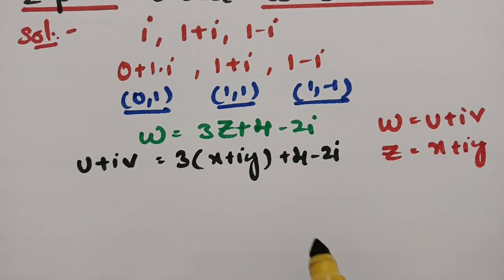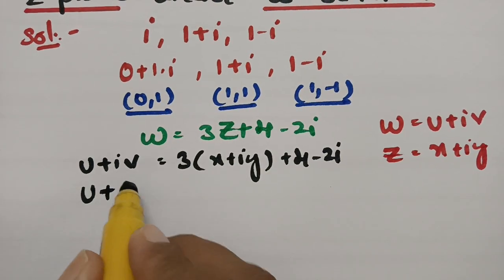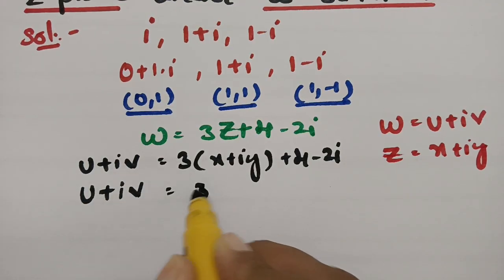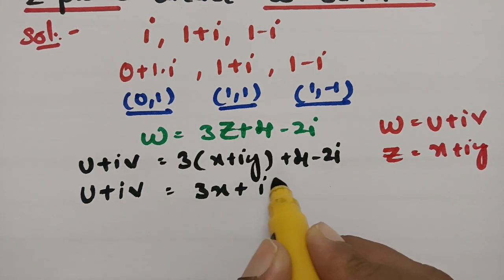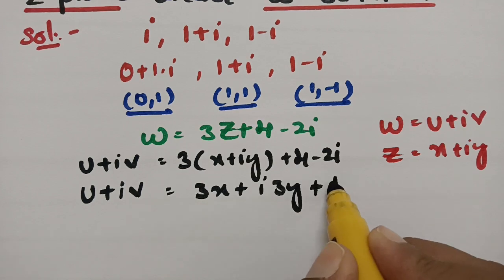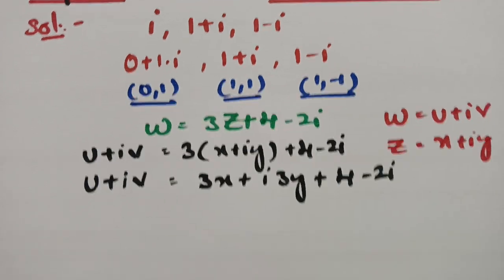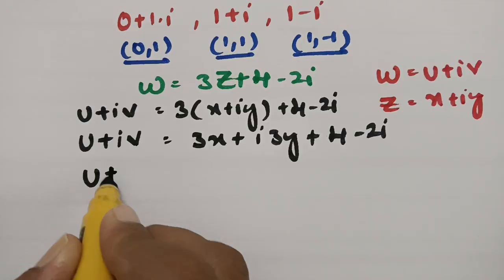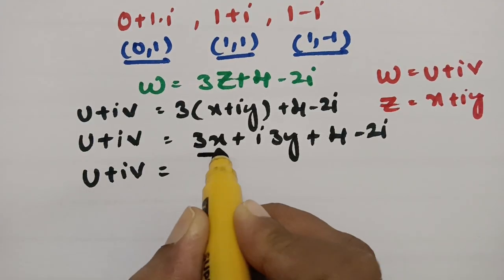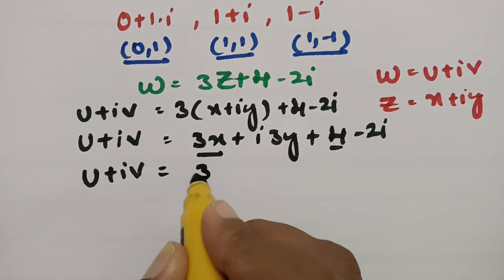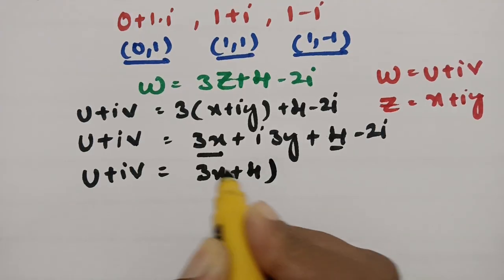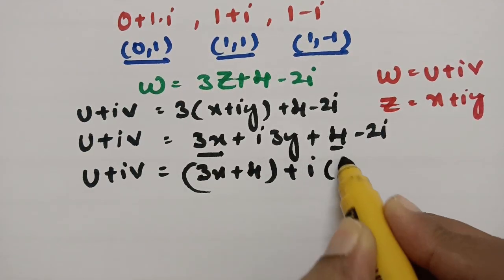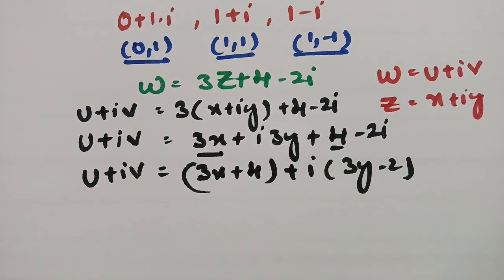Clear? So u plus iv is equal to 3x plus i times 3y plus 4 minus 2i. If I bring the real parts together, this is 3x plus 4, plus i times 3y minus 2.